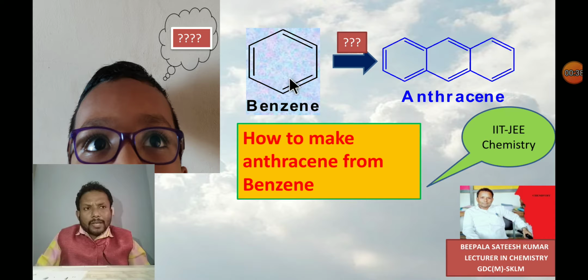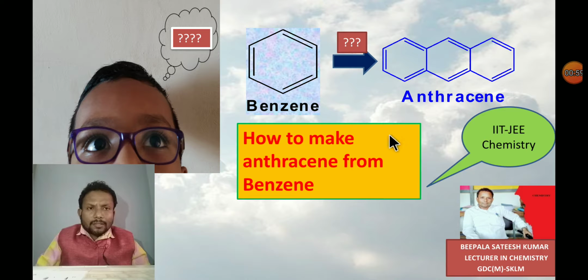How can we make the extra two rings? How can we convert a C6 compound into a C14 compound? How can we increase 8 carbons on the benzene ring?